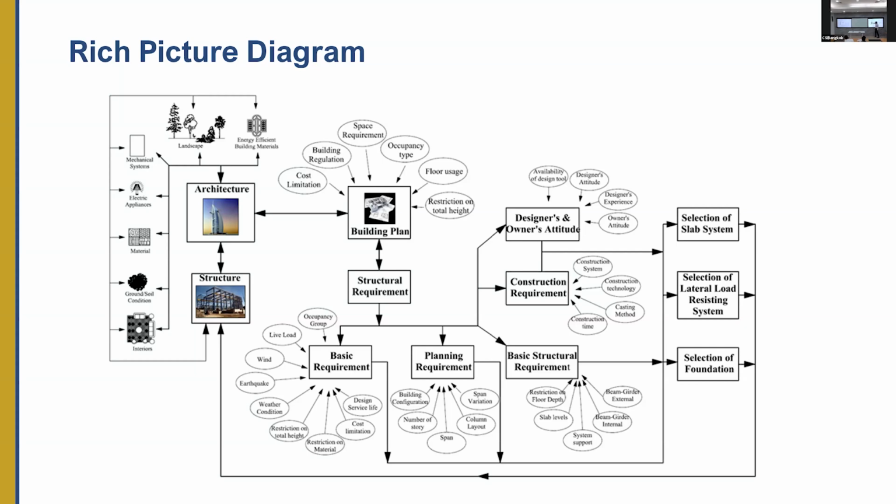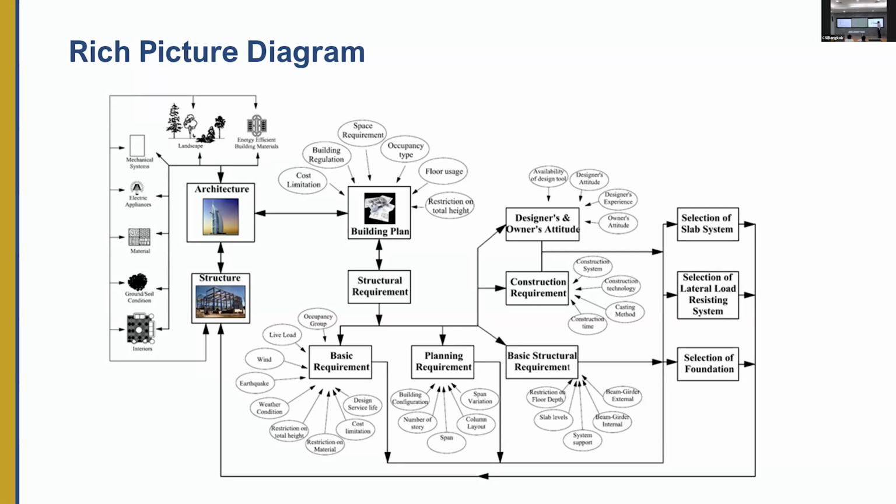Then you have appliances, materials, many things, landscape, energy efficiency, so many things will come into the picture of the architecture and then structure. So this is the big picture concept of how you should think of everything at the same time, or how your decision will be affected.